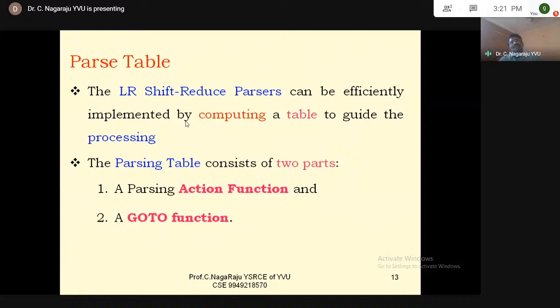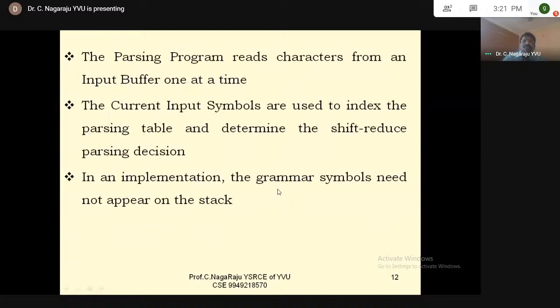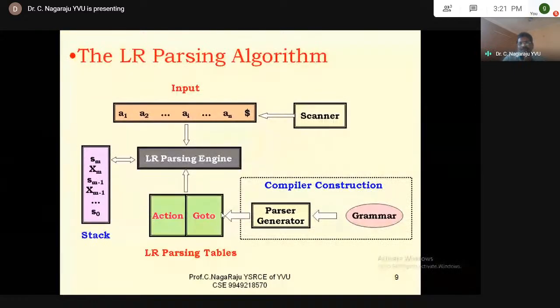Throughout the parsing, it evaluates with the directions or instructions of the parse table. The parse table consists of two parts: one is the parsing action function and the other is the goto function. That means the action table and the goto table are the two parts, right?